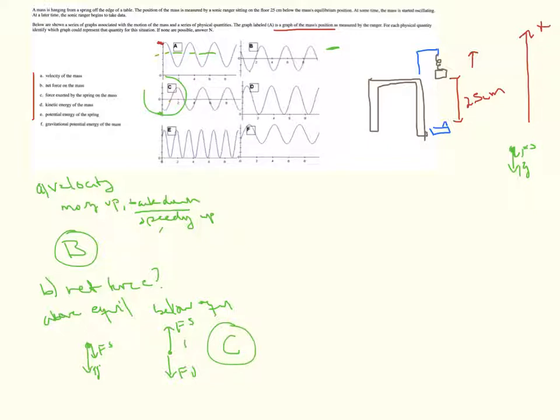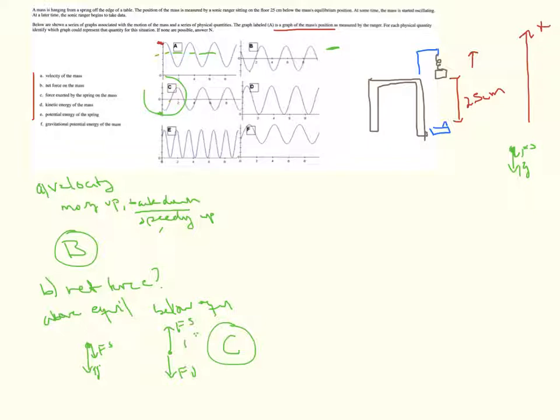Because it starts out negative and gets bigger for just a moment, and then starts to get smaller as it moves back towards equilibrium, so it becomes less compressed, and then it gets positive as I move past the equilibrium point and moving downwards.